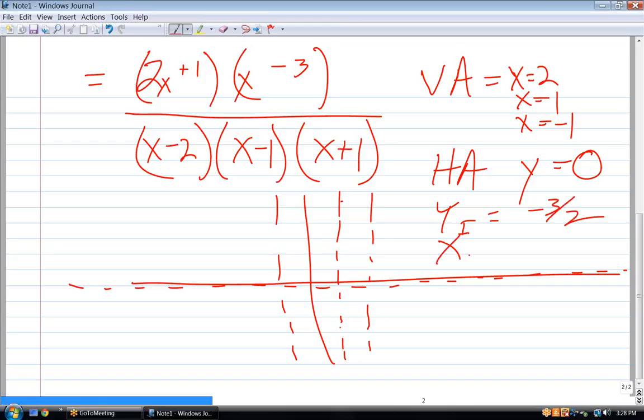And the x-intercepts are a little harder. In other words, we want to set that equal to 0. So what are the x-intercepts? Negative 1 half and 3.